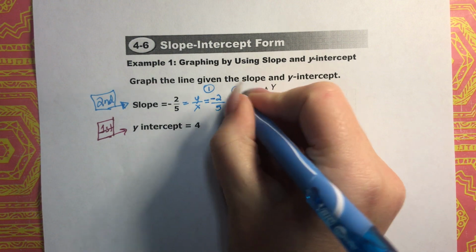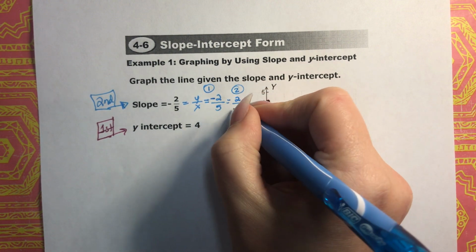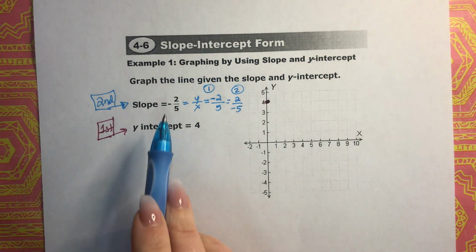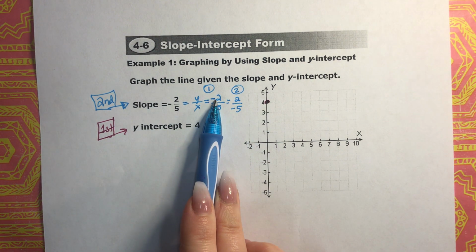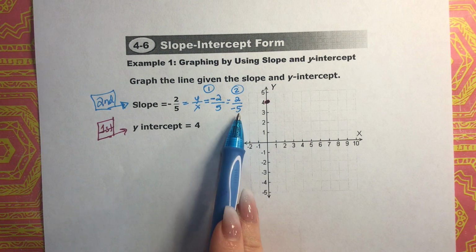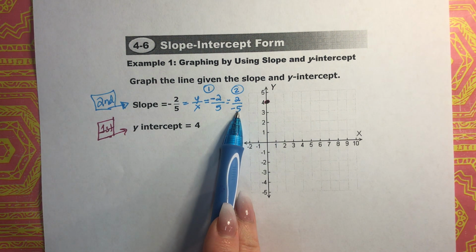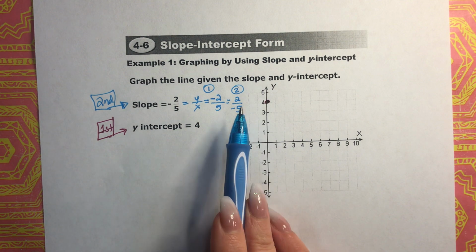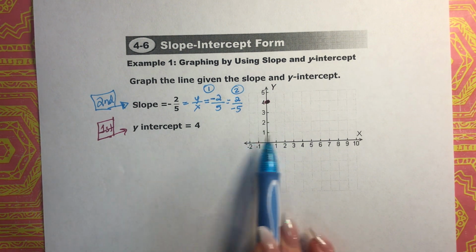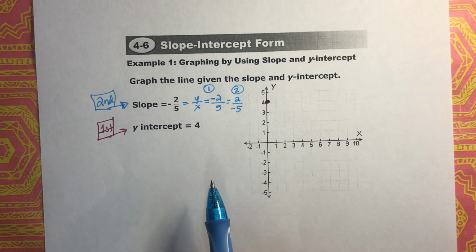And the second way to think about it is 2 over negative 5, okay? Negative 2/5, you can either think about it this way, where the rise has the negative or the run has the negative. So if the rise has a negative, that means you're going down. If the run has a negative, it means you're moving to the left.